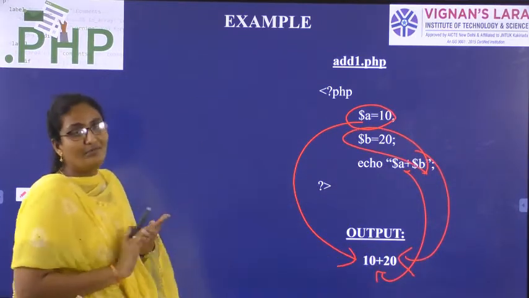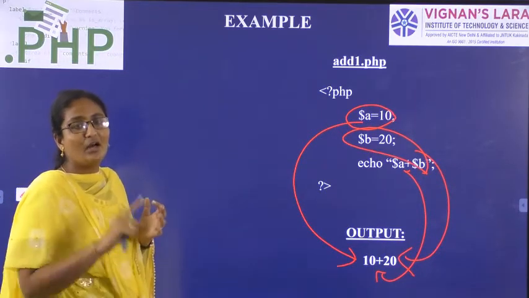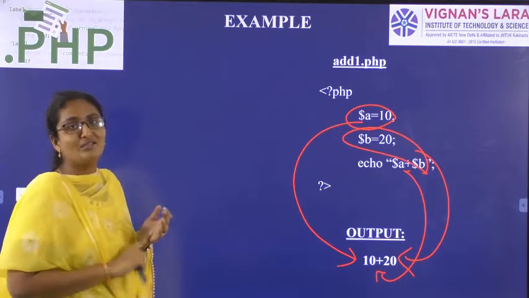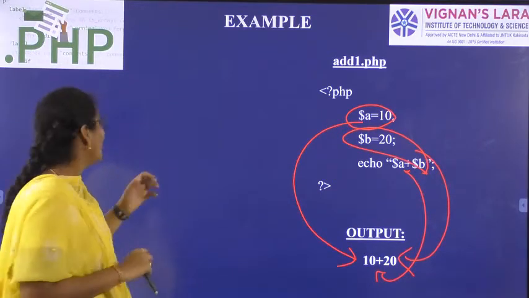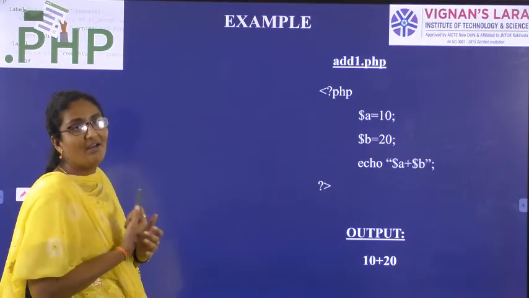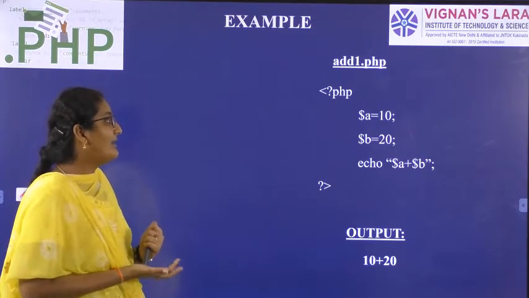So you know how to declare a variable using dollar. You should use underscore, and you should not use any spaces. You should definitely use the dollar symbol, and there is no limit on creating variables. Now in this program, I have created two variables $A and $B. Value of variable A is 10. Value of variable B is 20.